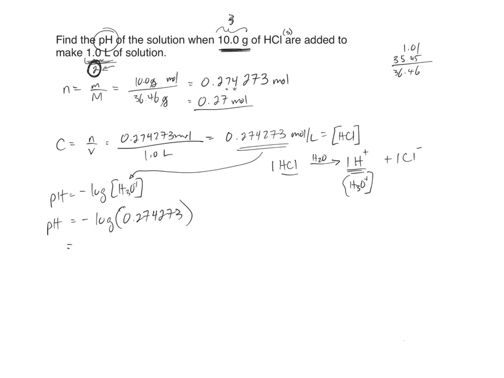It's got to have a log button somewhere, I just can't find it fast enough. Okay, negative log of 0.274273. Go.